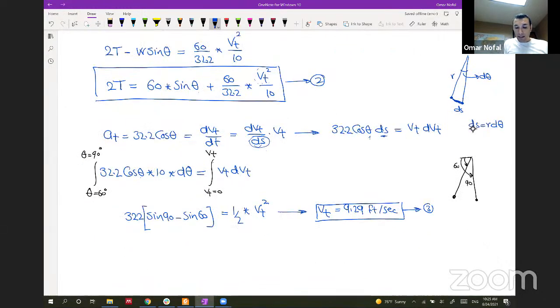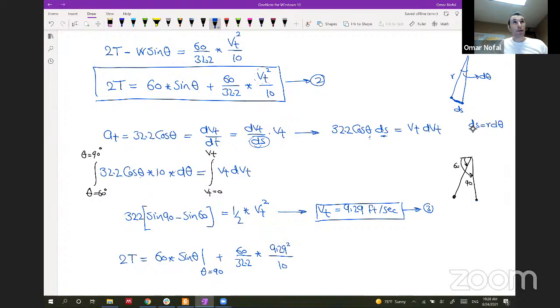So you will find that 2T will be equal to 60 multiplied by sine theta, and we know at this location theta is equal to 90 degrees, plus 60 over 32.2 multiplied by VT squared, 9.29 squared, over 10.